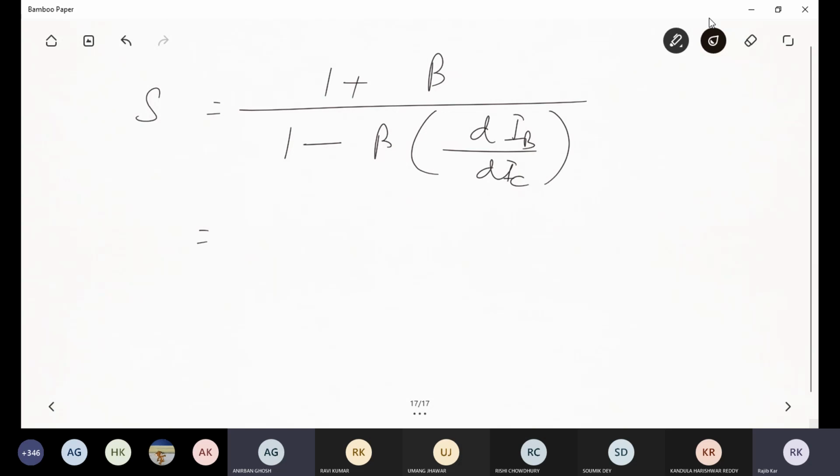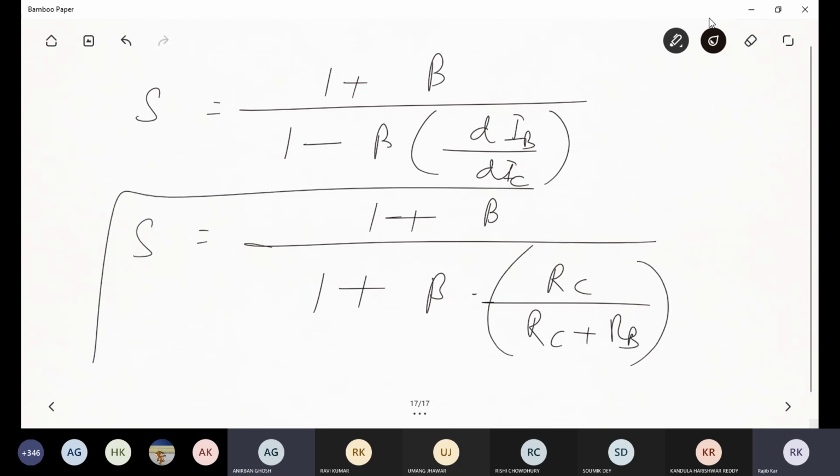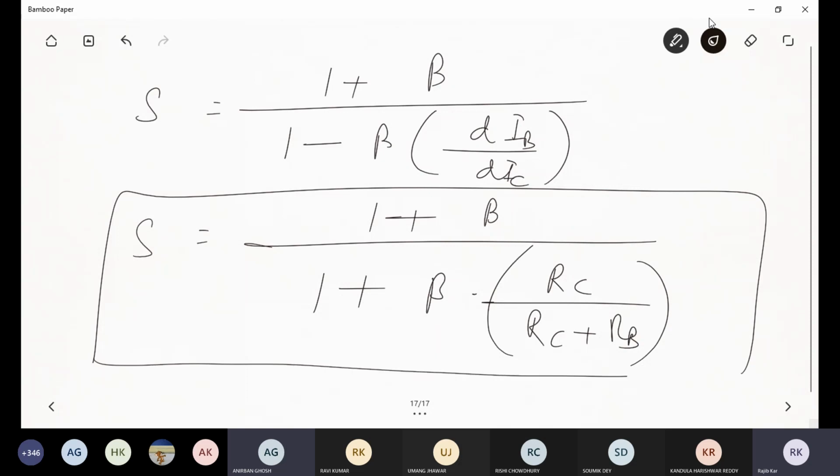Right, dIB by dIC you have already calculated, minus RC divided by RC plus RB. So minus plus, this is RC divided by RC plus RB. In a very similar way, you can also design the circuit so as to make sure that the stability factor value should be reduced.